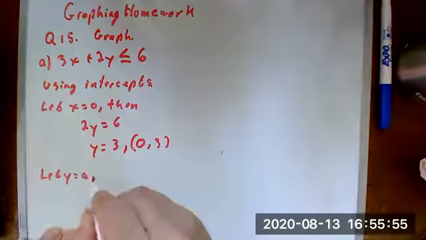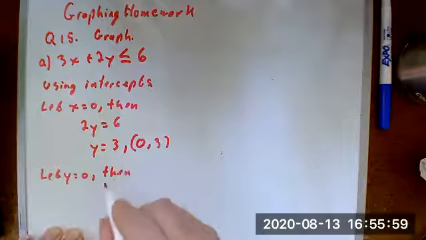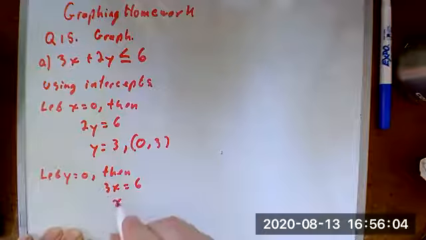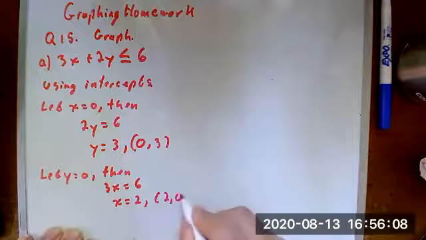We'll let y equal 0, then 3x equals 6, so x equals 2, so we're going to be at the point 2, 0.